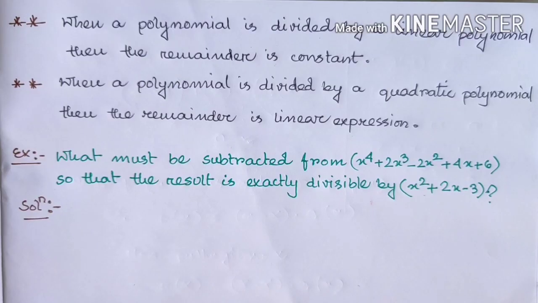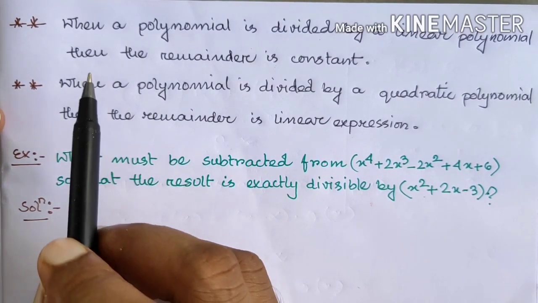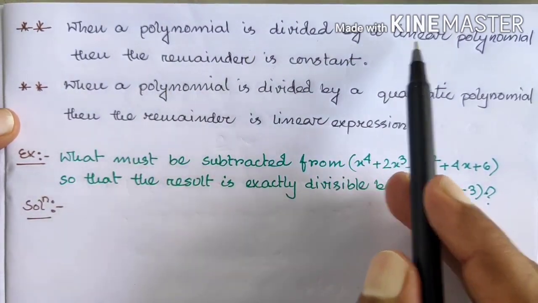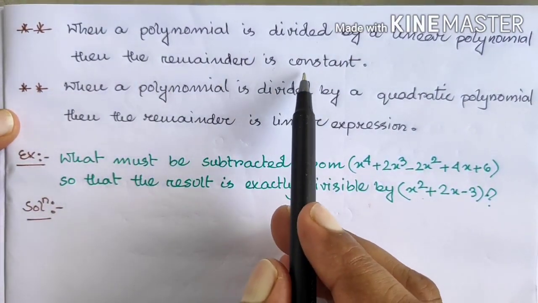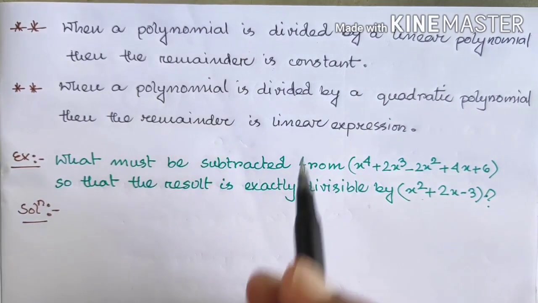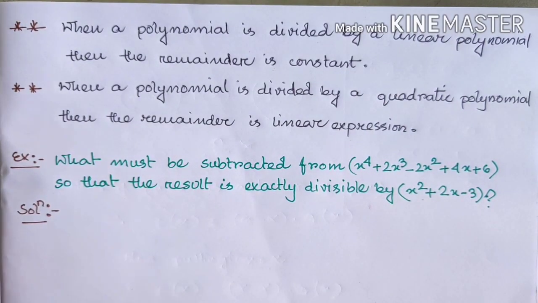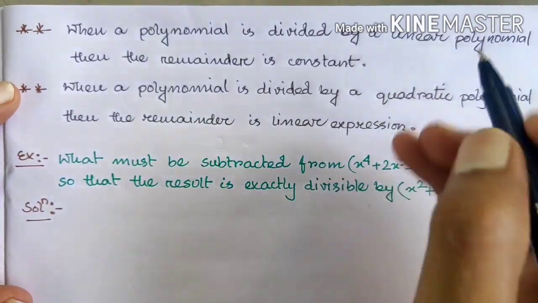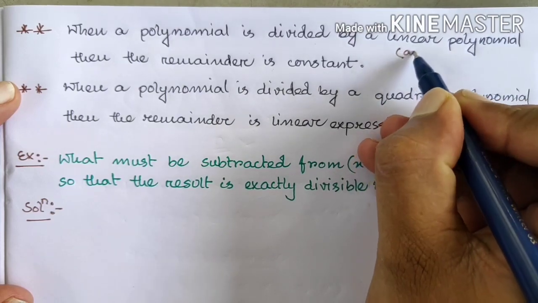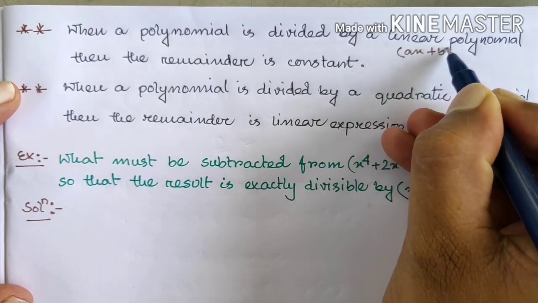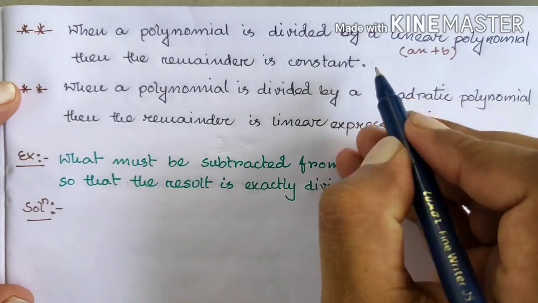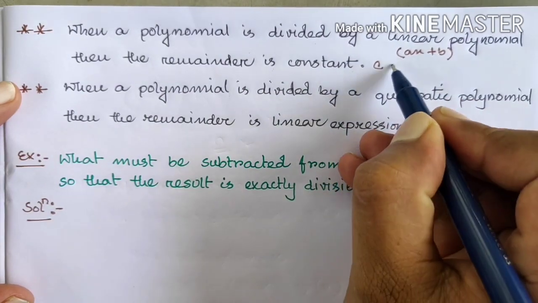Next, some important notes. Number 1. When a polynomial is divided by a linear polynomial, then the remainder is constant. Here the general form of a linear polynomial is ax plus b and the constant term is c or k.